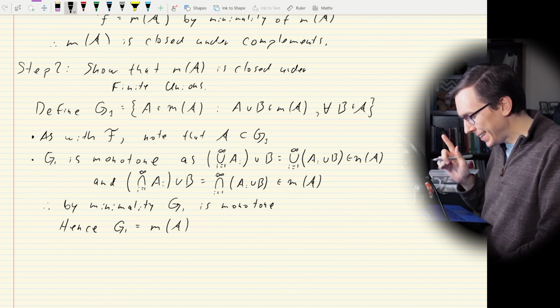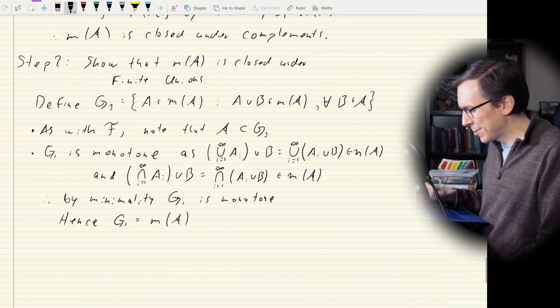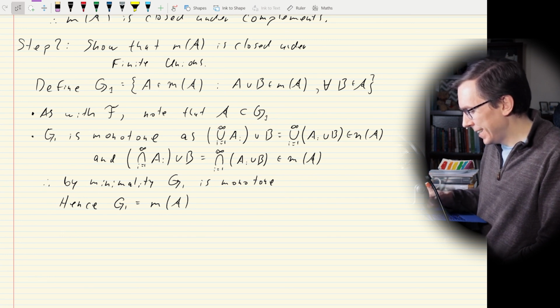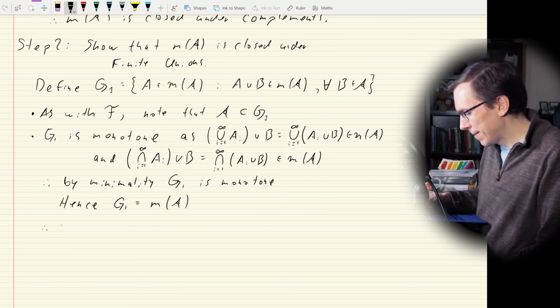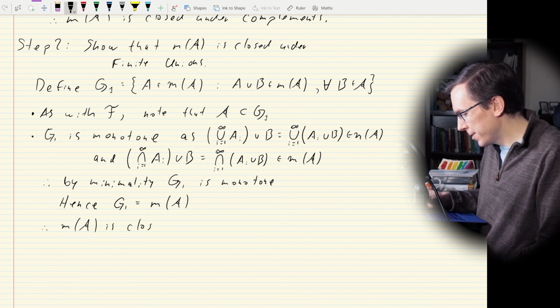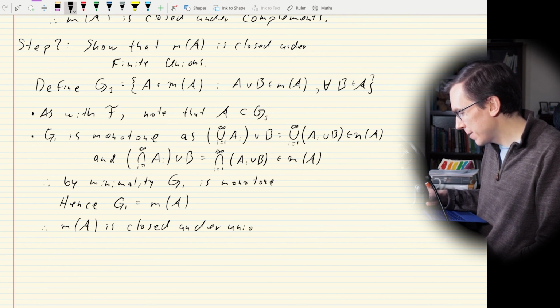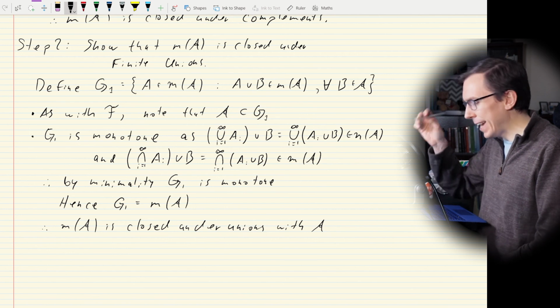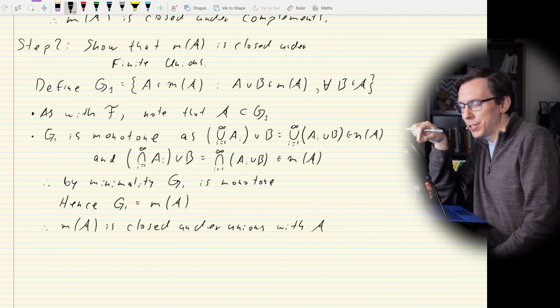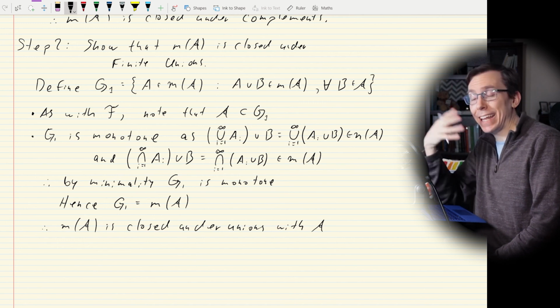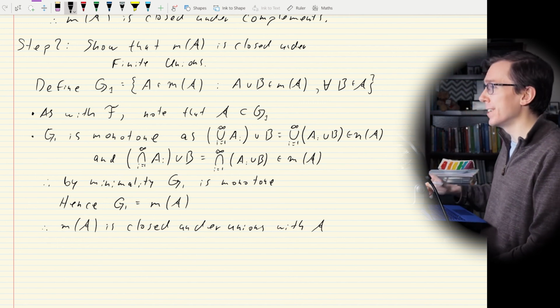So what does this mean? We're not done yet, and that's why I keep writing G1. Therefore, M_A is closed under unions with the field A. But we don't want it to be closed just under taking unions with elements of the field A. We want it to be closed under any finite union.